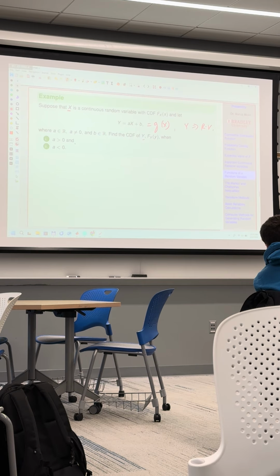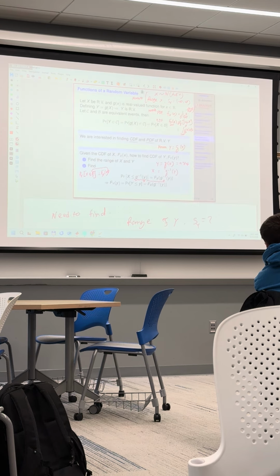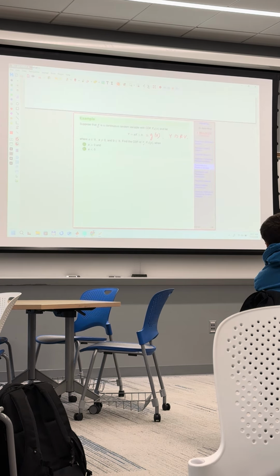So let's solve this example. We will be directly utilizing this formula. Solution.